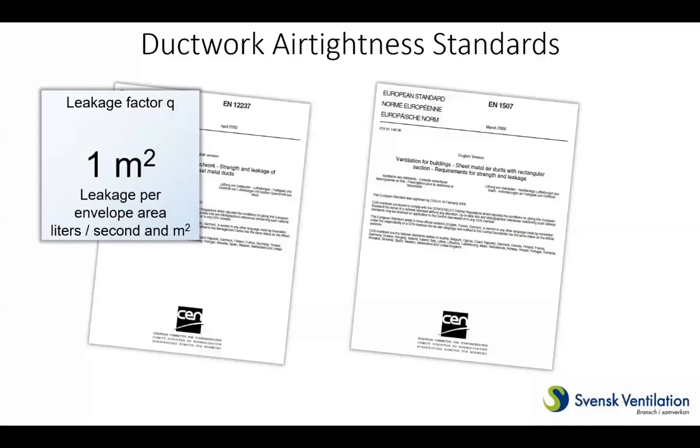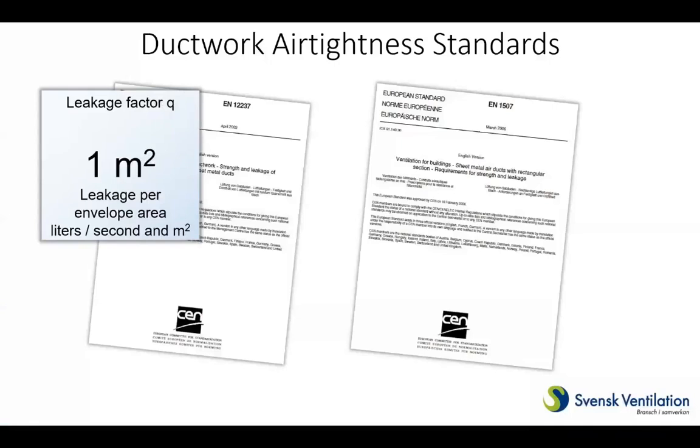All of these give us a leakage factor: the leakage per envelope area in liters per second and square meter. That's the key number that you need to come up to, or come down to, actually.